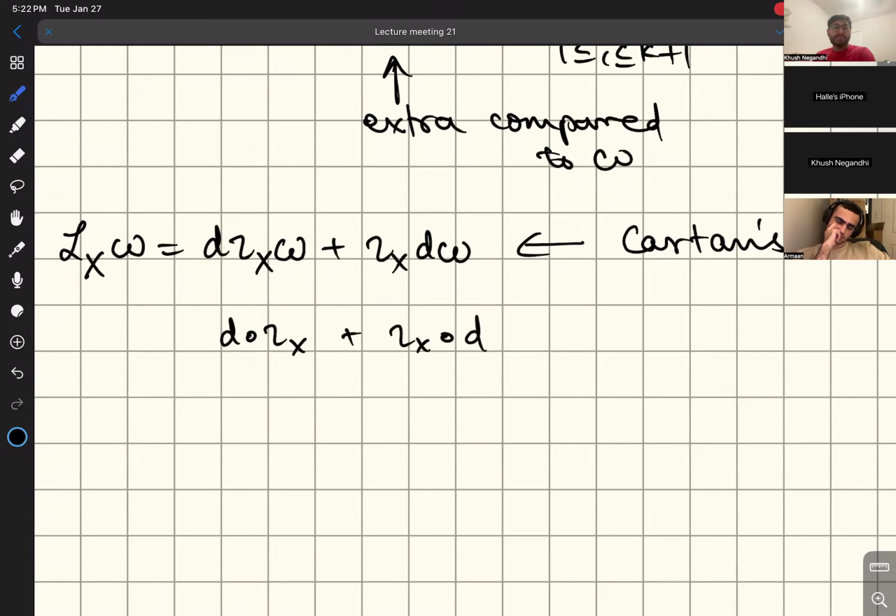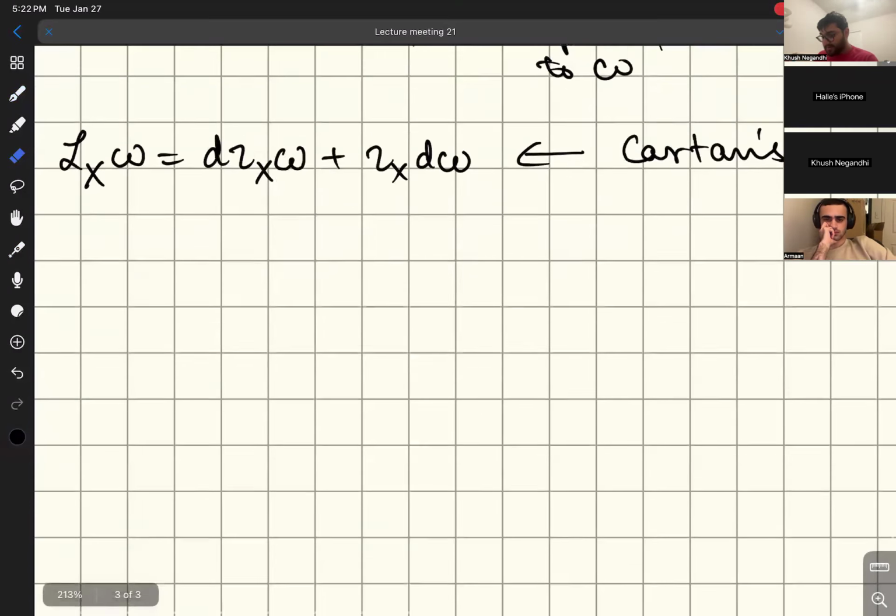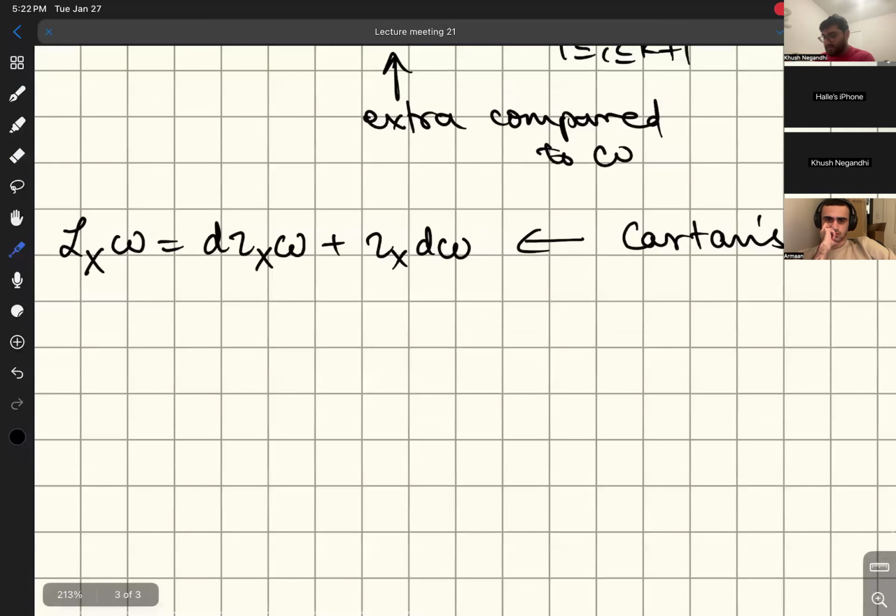Hence, these two maps must be the same. The main idea of the proof is the Lie derivative is the unique map that does XYZ things. Then di plus id is also a map that does it. Hence, both of these maps should be the same. But I'll link you a proof after the meeting.